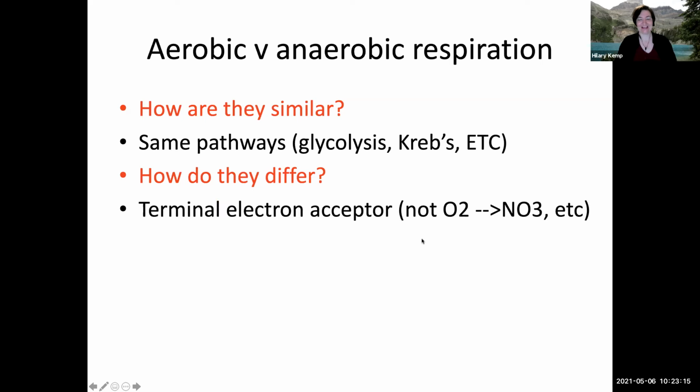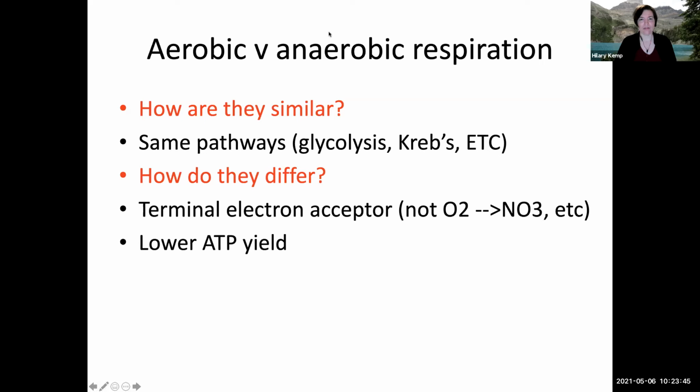Okay. So instead of oxygen in anaerobic respiration, you often have something like nitrate, sulfate, carbonate, or similar. Another molecule that's very electronegative, an inorganic electronegative molecule. So the important thing to know about that is that oxygen is more electronegative, so it's always a better acceptor. But for some organisms, they're just not equipped to do aerobic respiration.